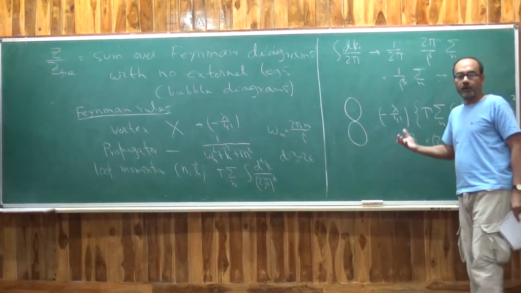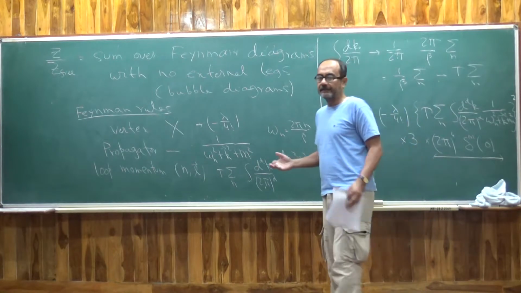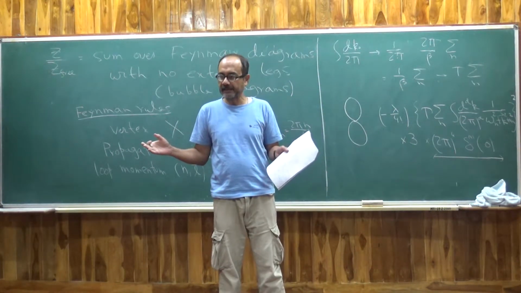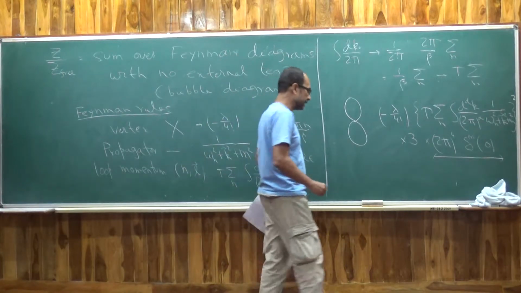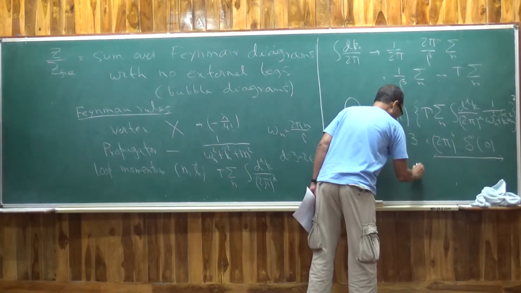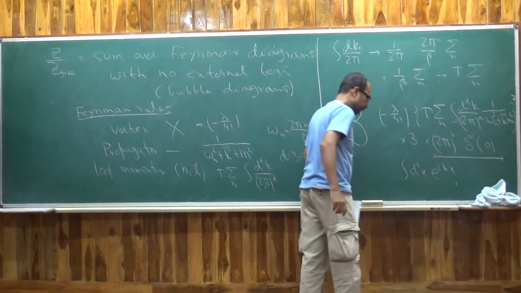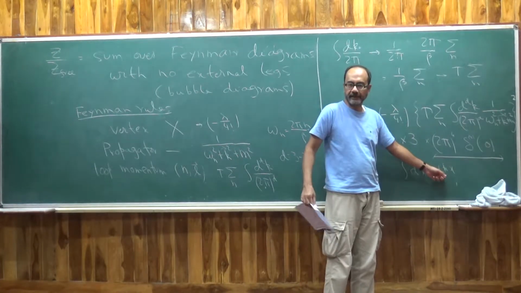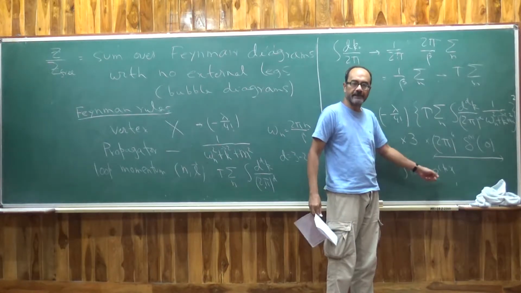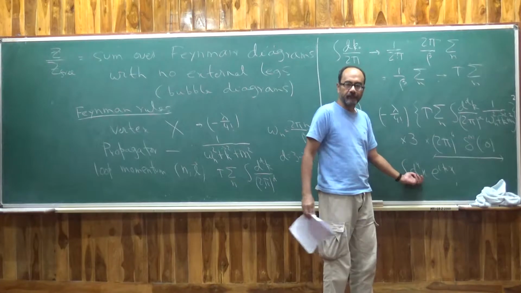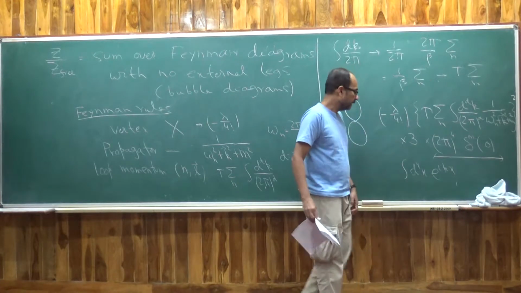So 2 pi to the 4 delta 4 of 0 is basically the volume of space-time. Is this clear? You can think of this as the integral d4x e to the i k dot x at k equal to 0. This would have given you 2 pi to the 4 times delta 4 of k. At k equal to 0, it's just the integral d4x, which is the volume of space-time.